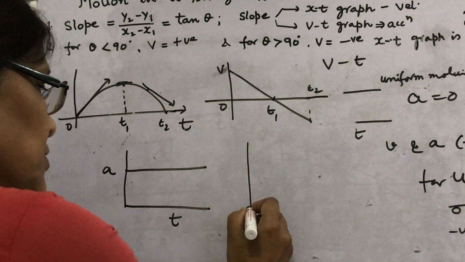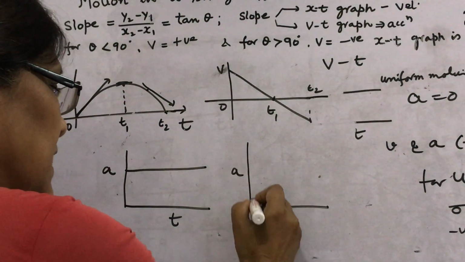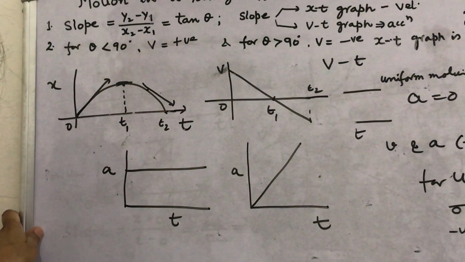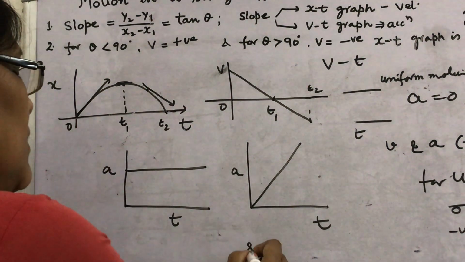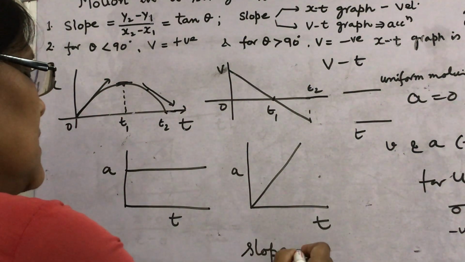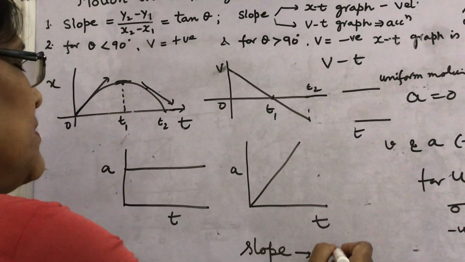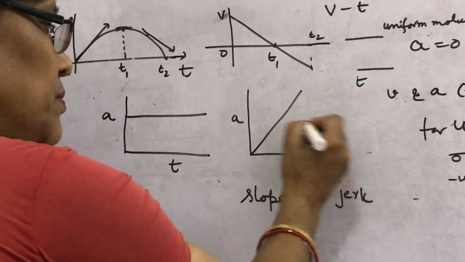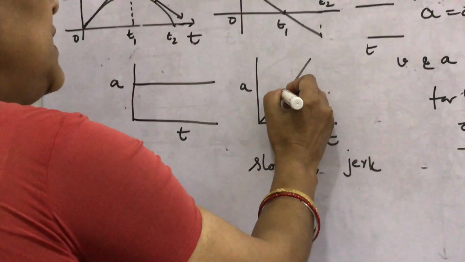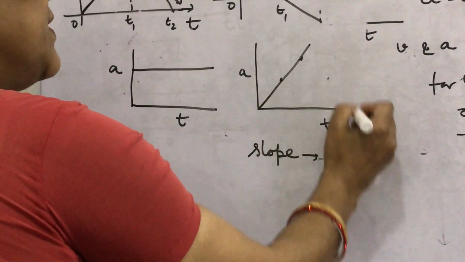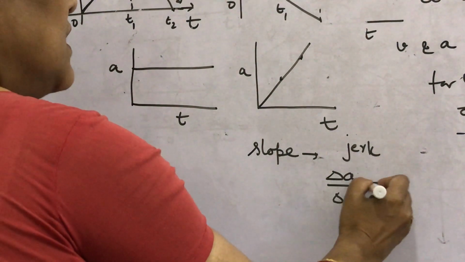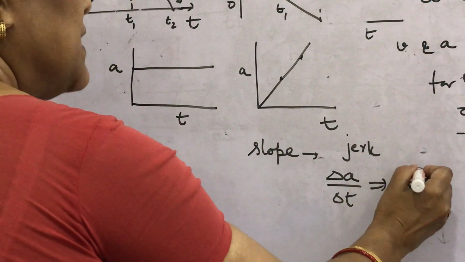If the object is moving with increasing acceleration at a constant rate, then you can draw this. The slope of this curve is called jerk. It will be change in acceleration upon time interval. Its unit will be meter per second cube.